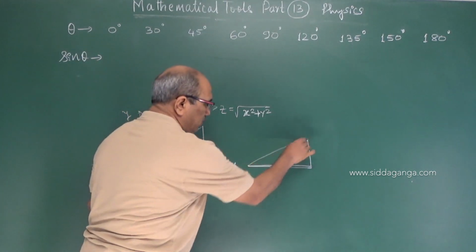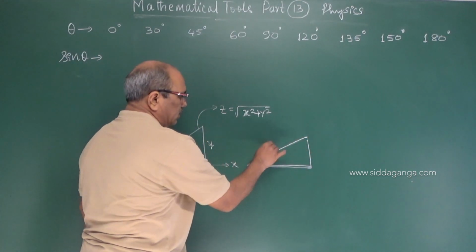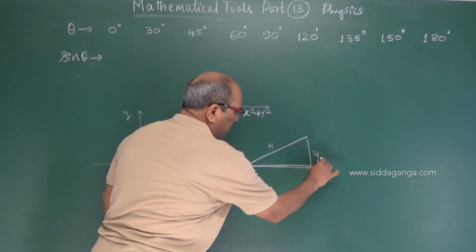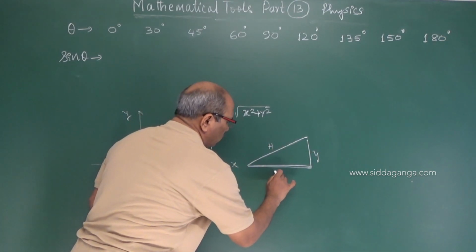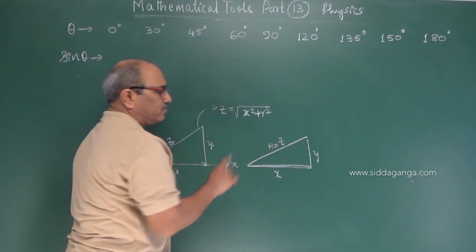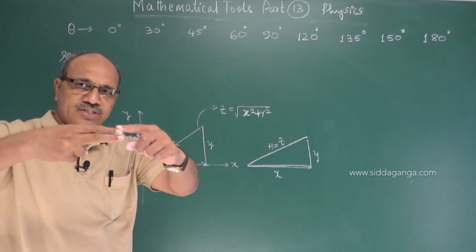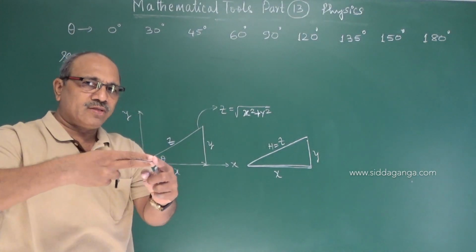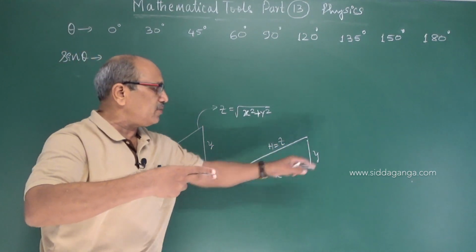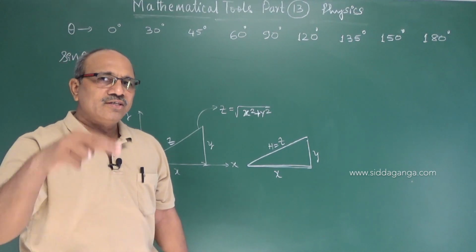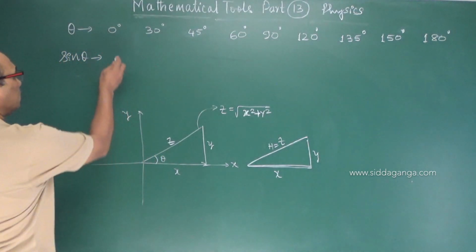And also see the hypotenuse side, what I call z. y becomes 0, and x is equal to h, or x is equal to z. Both magnitudes become the same, theta becomes 0, y becomes 0. y becomes 0 means the opposite side becomes 0. Opposite side by hypotenuse is defined as the sine function. Therefore, this value is 0.